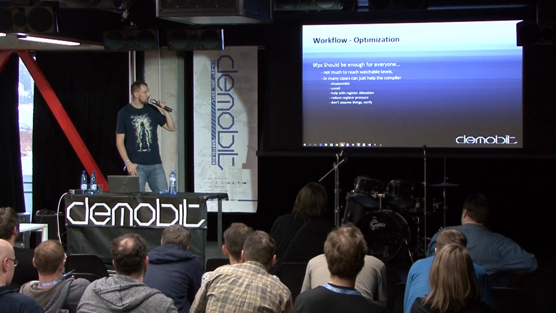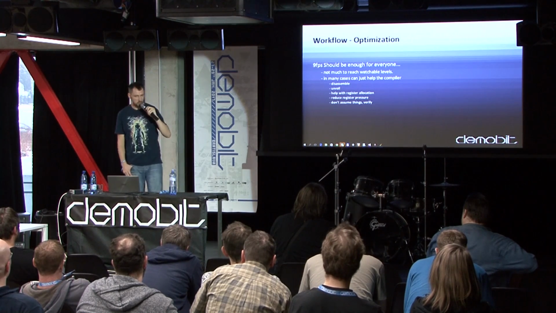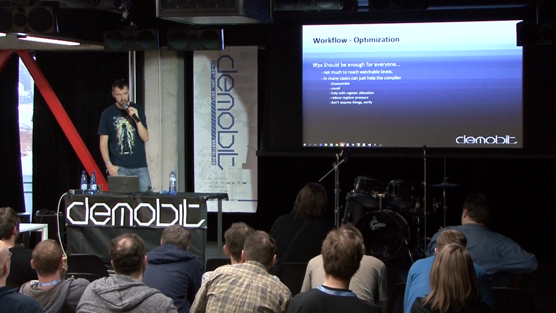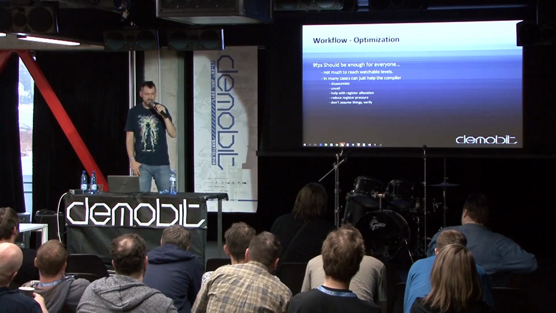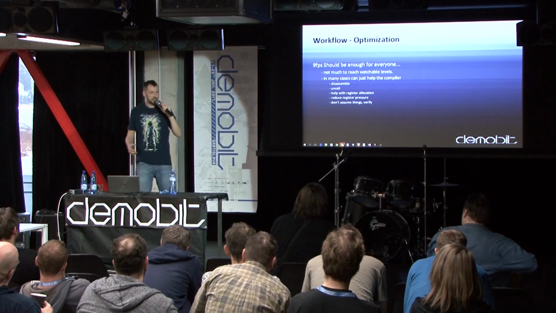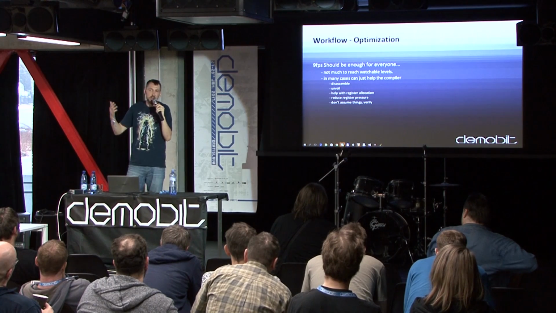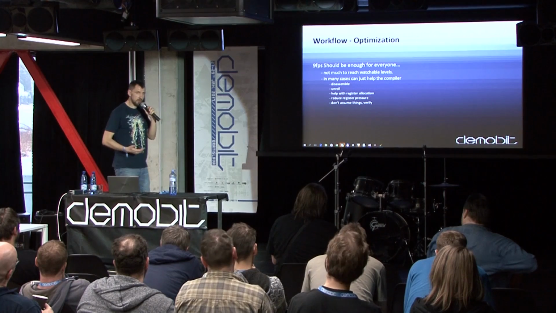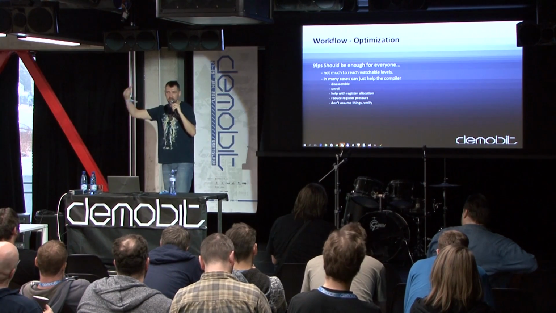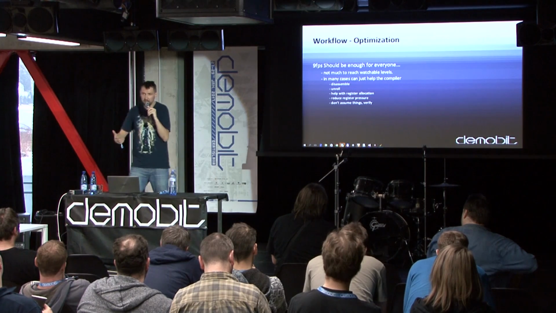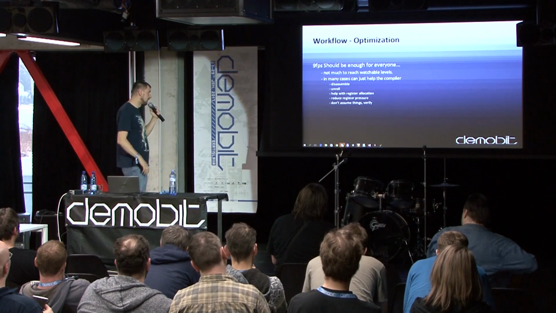So you have to look at your code and see what the compiler did with it. For example, the compiler can do weird stuff like allocating a register for the loop counter, which is really wasteful, and you don't want that because it's just used once per iteration and it's occupying one register.